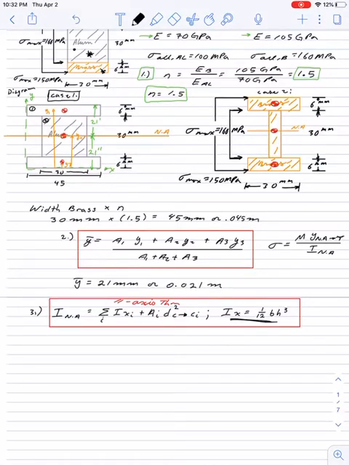So we're going to use this formula. This is the parallel axis theorem. You're just going to sum up all of the moments of inertia for each piece, and then add that to the area times the distance between the neutral axis and the centroid of each piece.